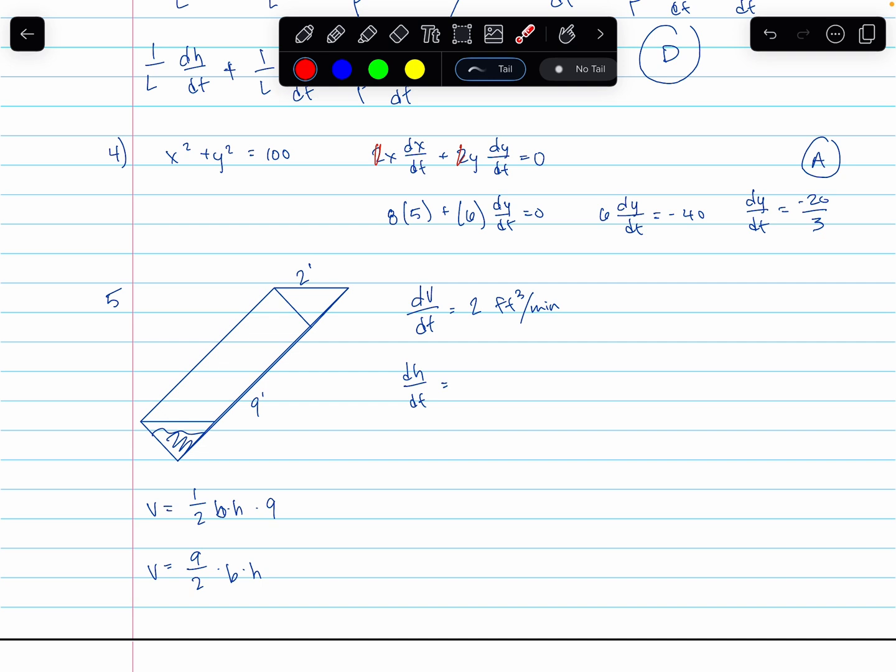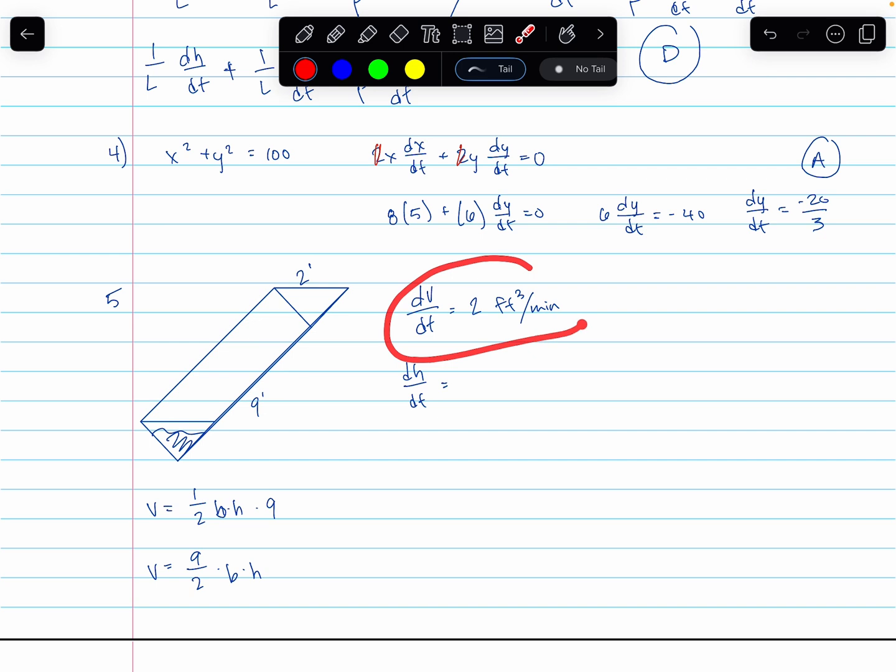What are we missing? There's a note that they say: at what rate is the height of the water in the trough changing 2 minutes after the water begins to flow? Okay, so I need to use that piece of information.